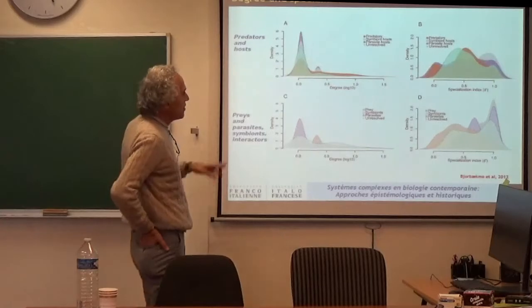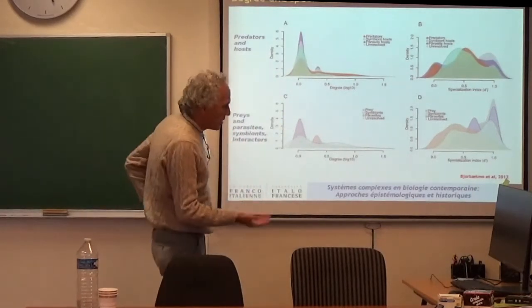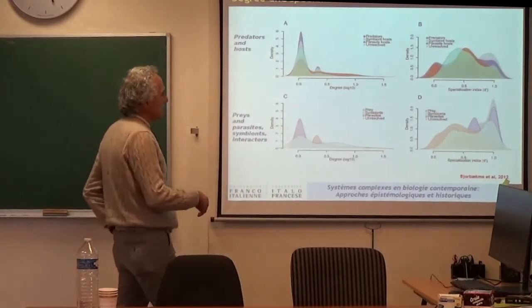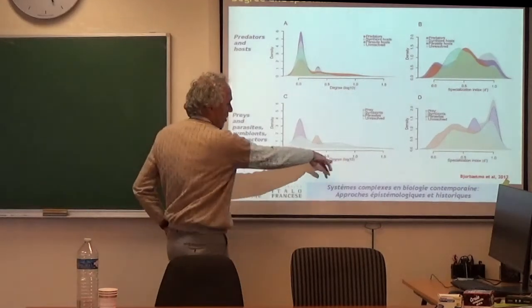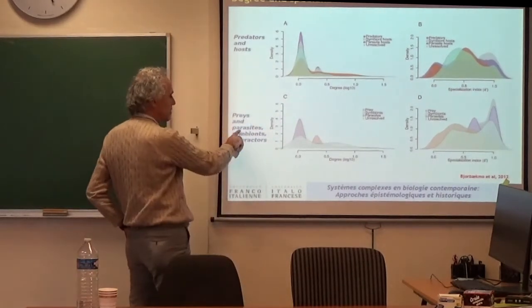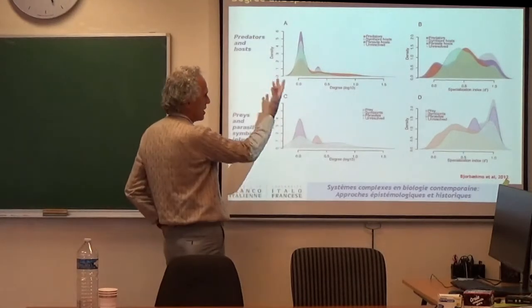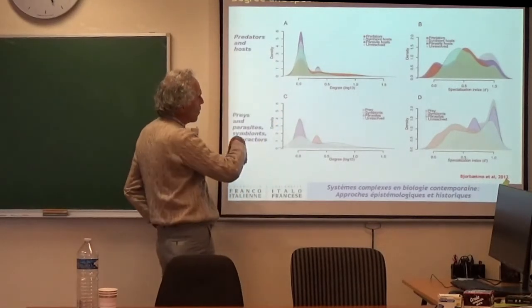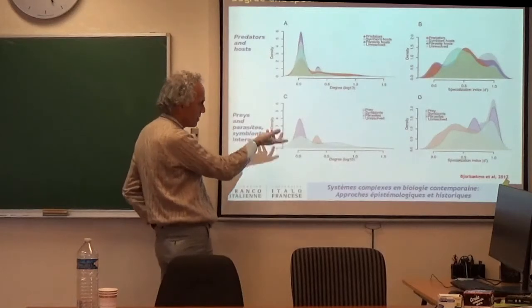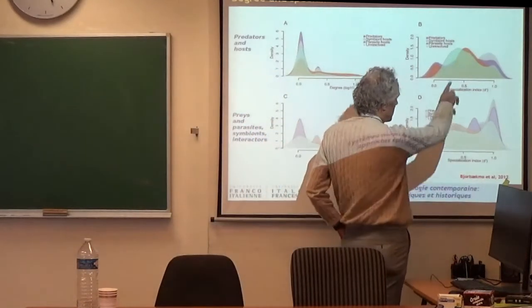And this is the degree of the networks, on a log scale, for predators and hosts, and for prey and parasite and symbiont interactions. So it shows with how many organisms one belonging to this class interacts, and this is the specialization.